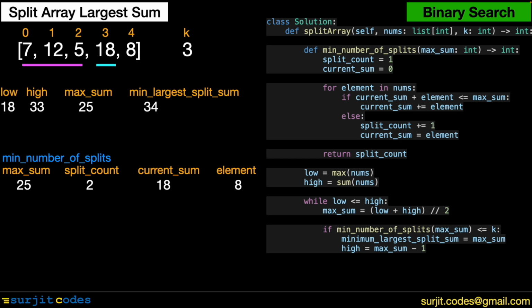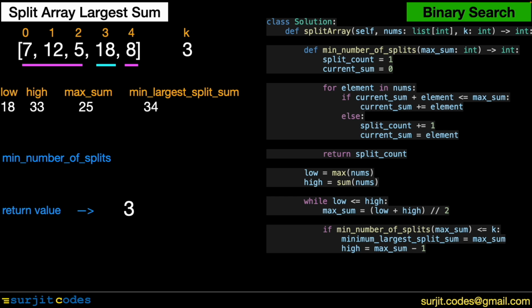Adding 8 to current sum, the result exceeds 25, so we make another split and increase split count to 3 and save 8 as the new value of the current sum. The list ends. This time we return 3, which is equal to k, so we save 25 as the new value for minimum largest split sum and make 24 the new value of high.